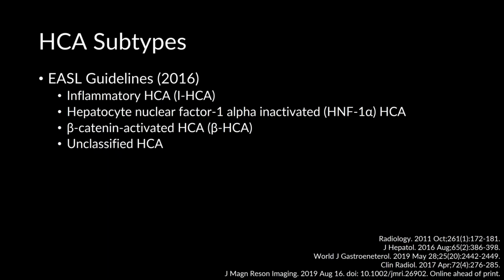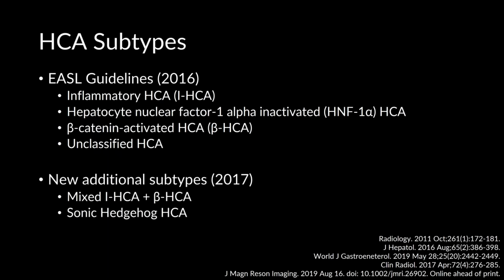The main subtypes are inflammatory adenomas, hepatocyte nuclear factor 1 alpha inactivated or HNF-1 alpha hepatocellular adenomas, beta-catenin-activated HCAs, and unclassified HCAs, which there's no known pathological way of discriminating.